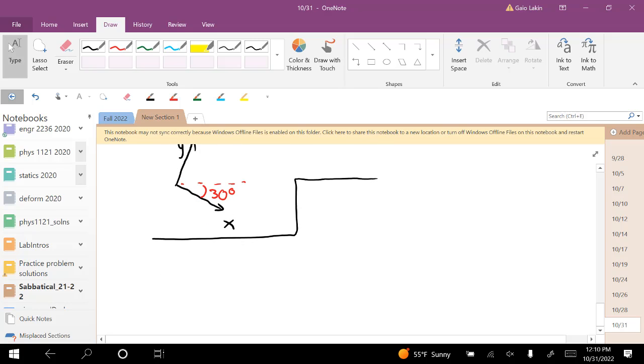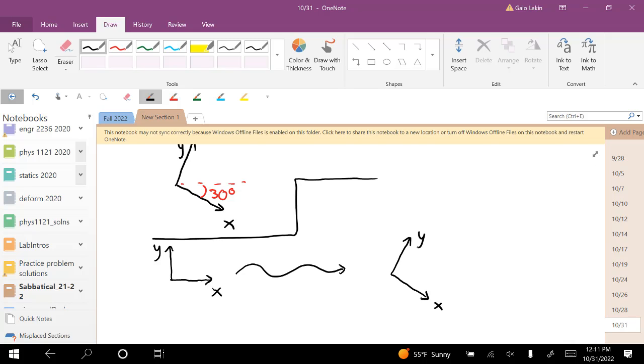And so now that angle theta, if we're going from this coordinate system to this coordinate system, what's that angle theta? It's positive or negative 30. Which one is it? It's negative.